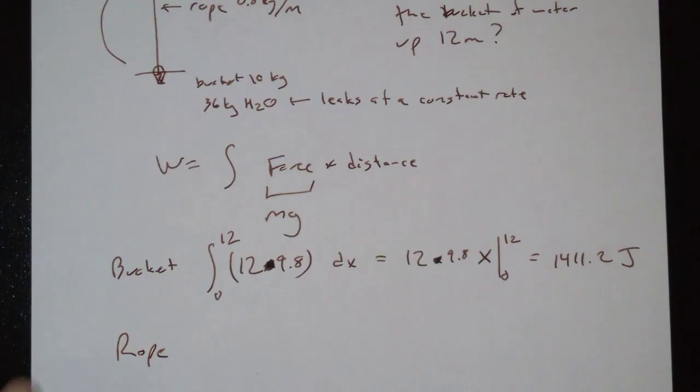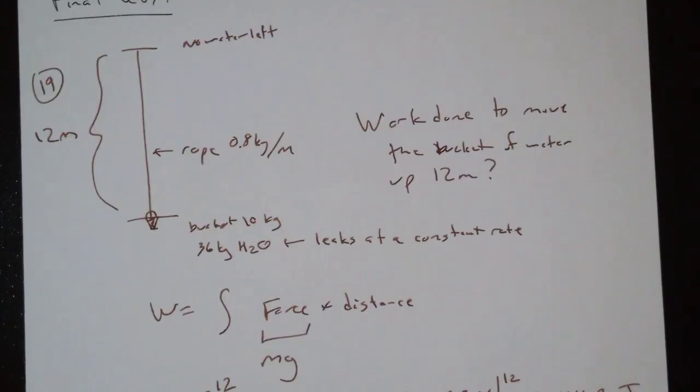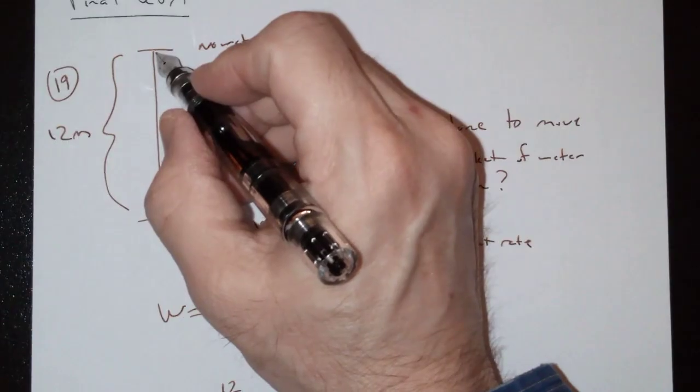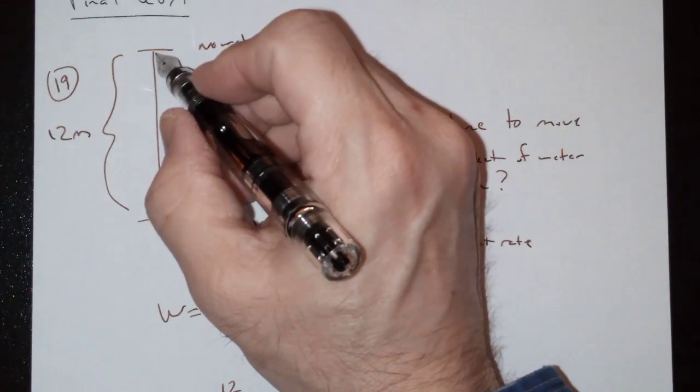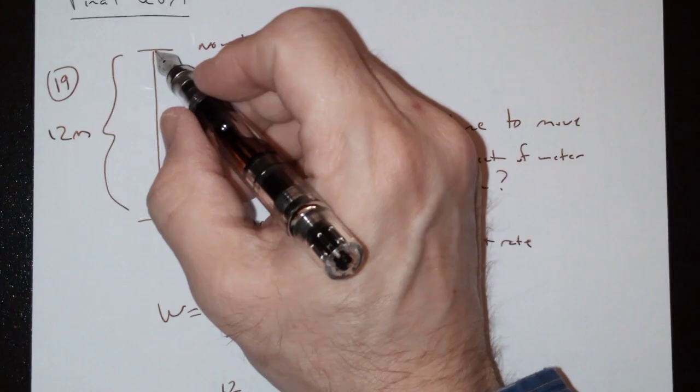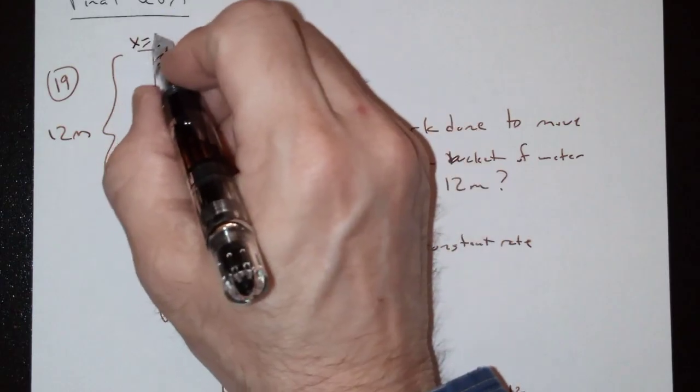Let's think about the rope. I'm going to think about the rope the way we thought of the rope in the previous problem. I'm going to build the Riemann sum. Go back to my picture. How far does this bit of rope need to move? It's not going anywhere, right? So we'll call that x equals 0.